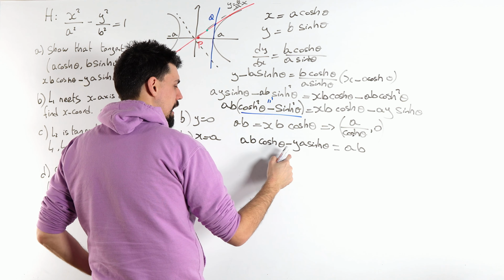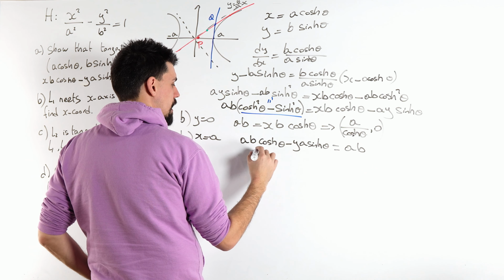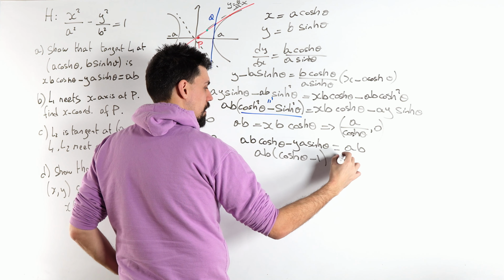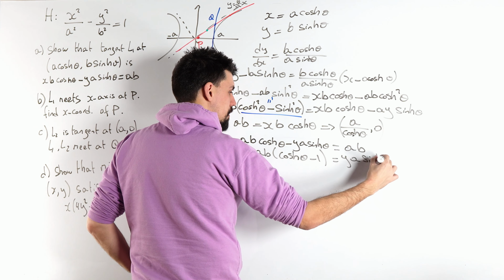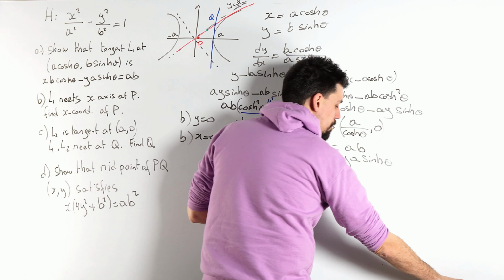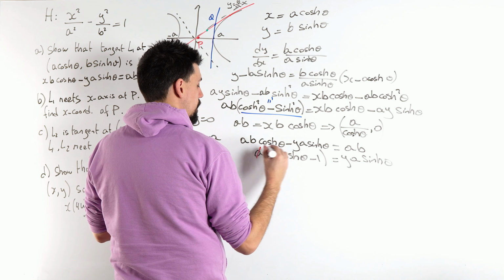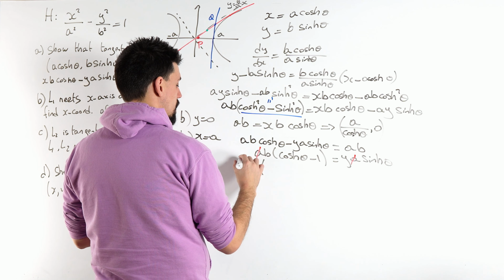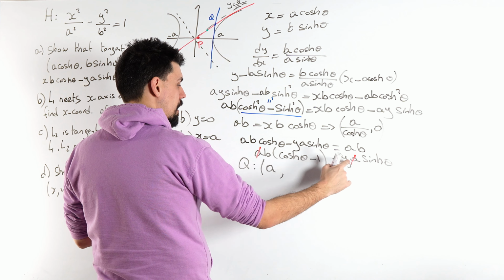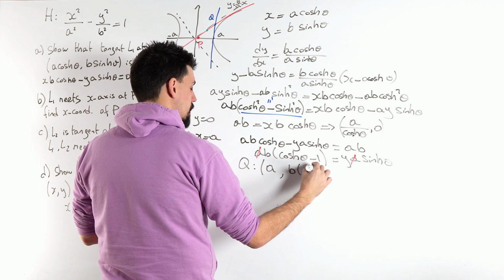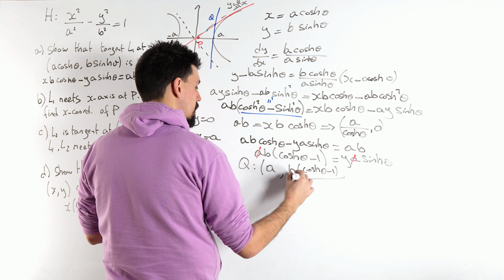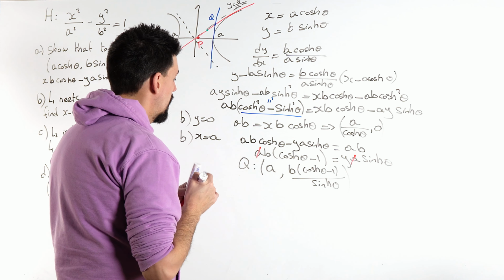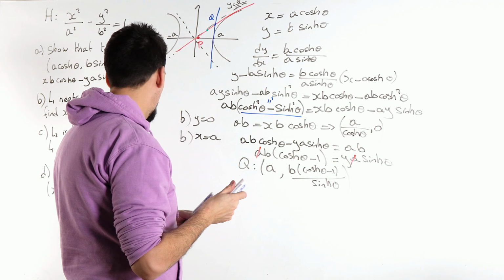So let's move that AB over onto the left-hand side, and I'll factorize out the AB. Well, that's quite nice. The A's go bye-bye. So we end up with the point Q: X is A, Y is B times (cos theta minus 1) over sine theta. Isn't that glorious? That's the point we have.